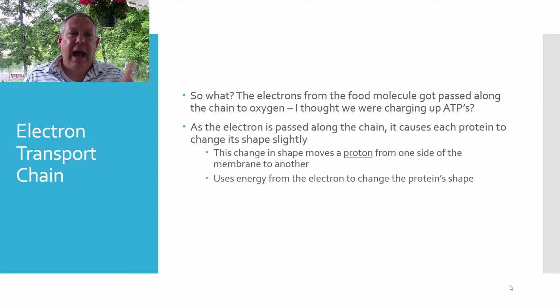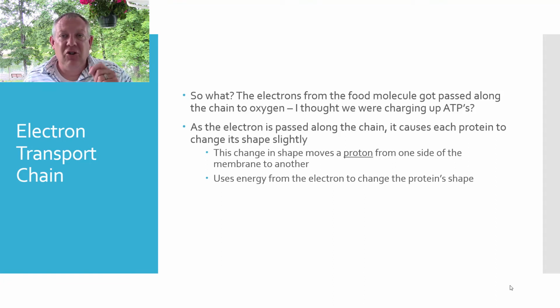Because, like I said, as that electron gets passed from enzyme to enzyme, remember that it's a high energy electron. That electron has a lot of energy. And so as that enzyme passes that high energy electron, it can do some work. It can use that energy to change its shape a little bit. And so when that electron gets passed from this enzyme to that enzyme, the energy in that electron causes the protein to change shape.